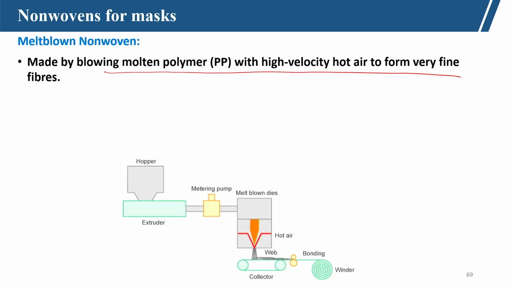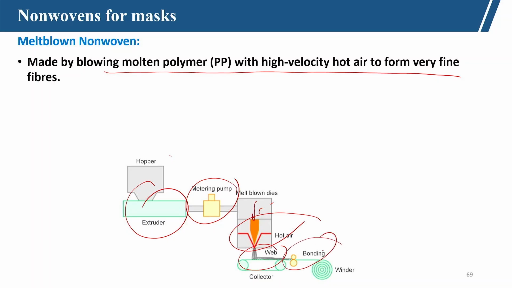You can see the process here: a hopper, extruder and metering pump are there, and the molten polymer is extruded through the die, that is a spinneret, and then hot air is blown. The hot air further stretches the filaments, and the web is deposited on the collector.